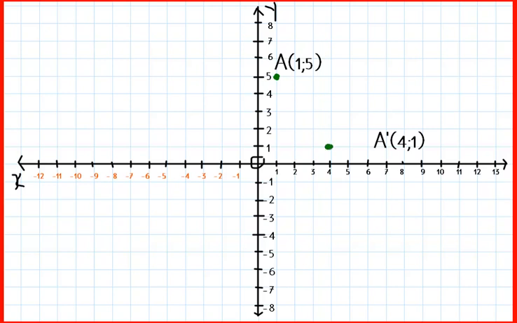Somewhere there, that's where our point is. This is the original point, the one that does not have the stroke. Now let's find out how it got to 4, 1. Let's see how it moved to get to this point that I've just circled.